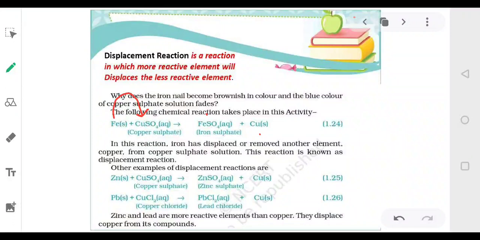FeSO4 is iron sulfate. You might have performed this experiment in your previous classes with an iron nail. Another example is zinc plus copper sulfate. Here zinc displaces copper and it becomes ZnSO4 plus Cu. So these were the examples of displacement reaction.